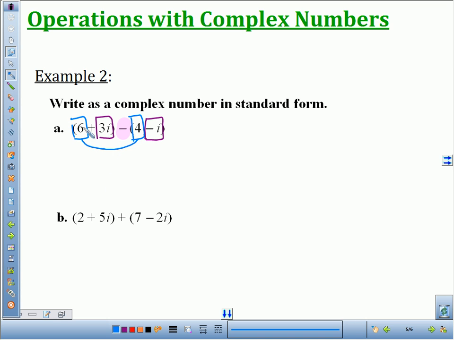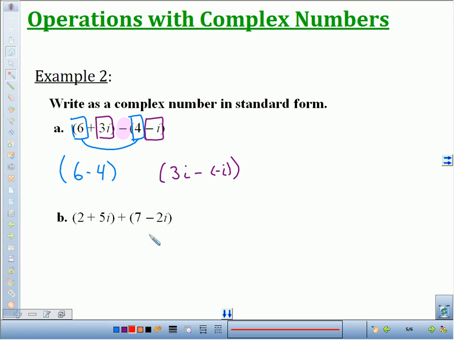So in this case, I'm going to subtract 6 minus 4. And I need to subtract the imaginary part on its own. So I need to subtract 3i minus negative i. This is negative i, so we're subtracting negative i.